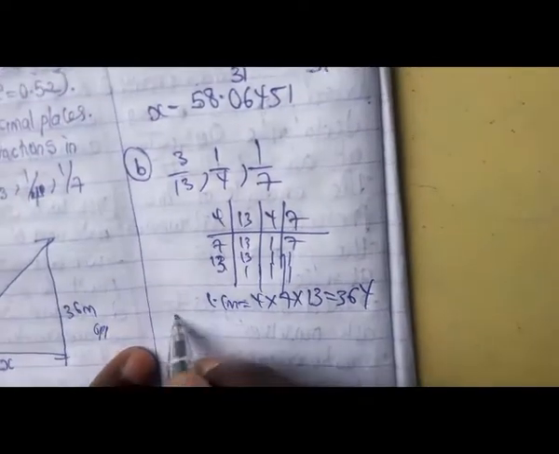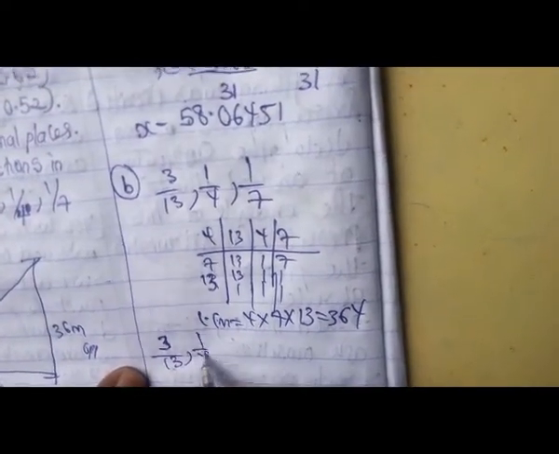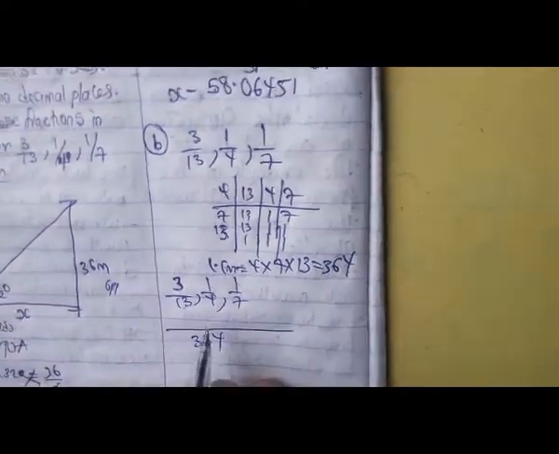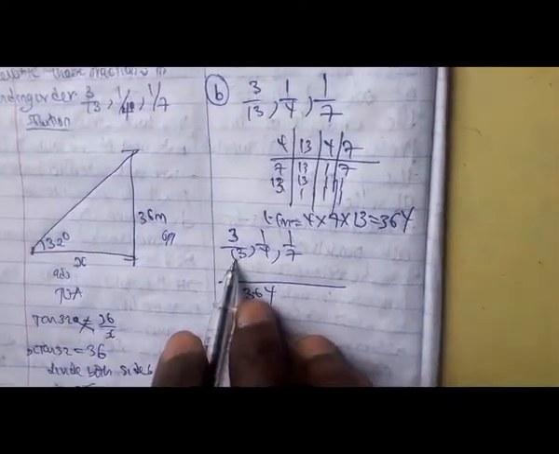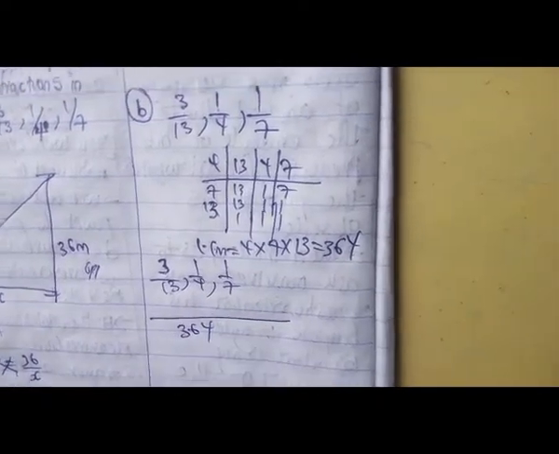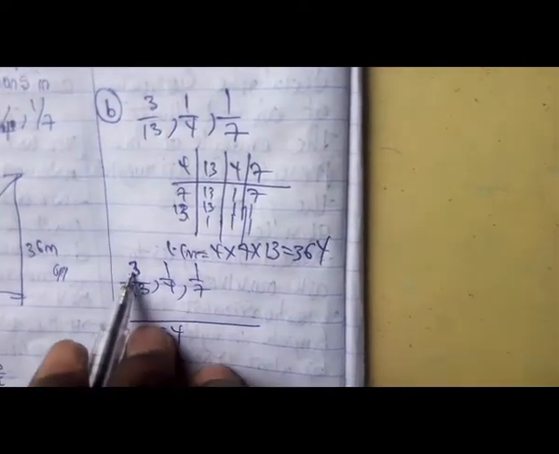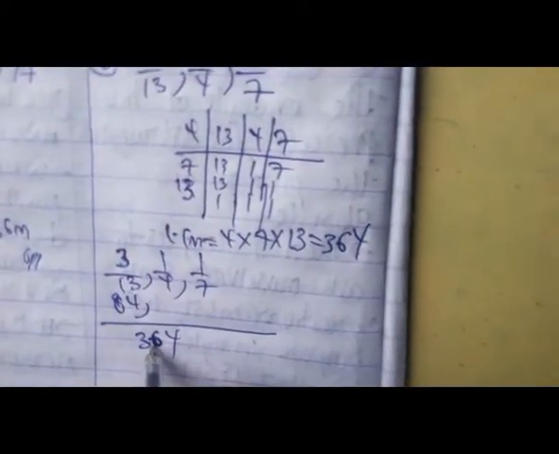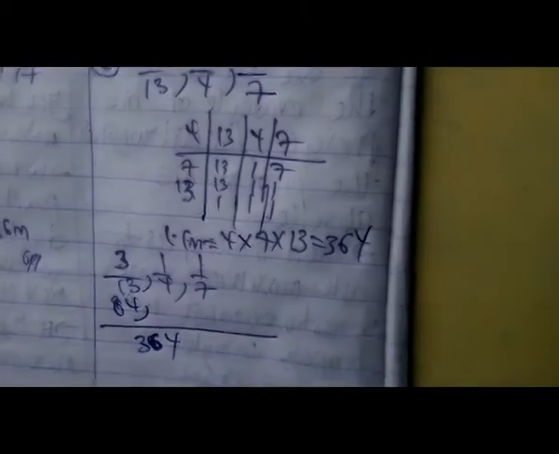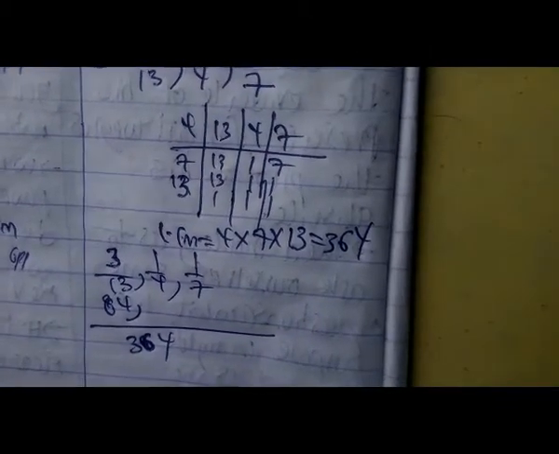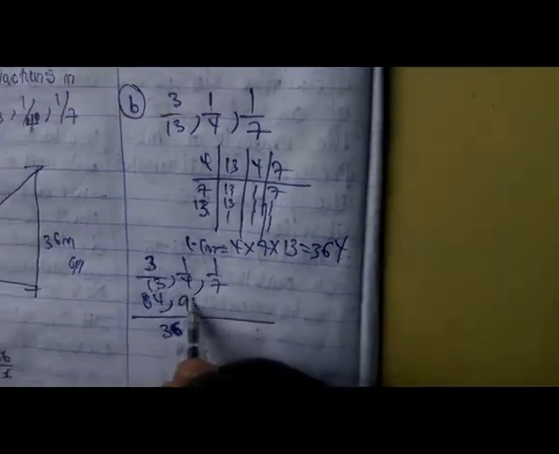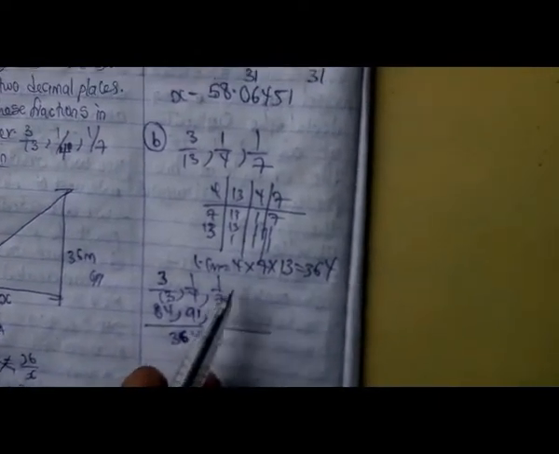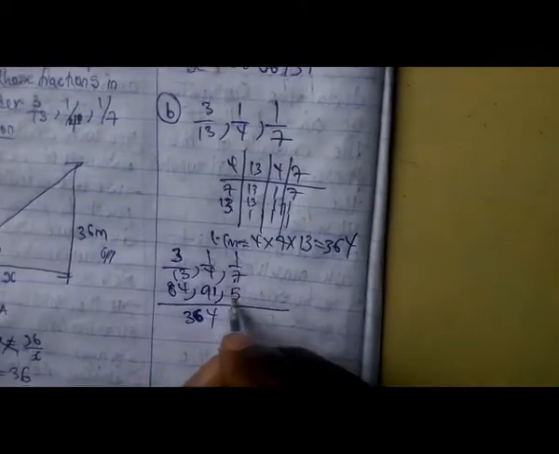So our LCM is 364. 364 divided by 13 is 28. 28 times 3 is 84. 364 divided by 4 is 91. 91 times 1 is 91. 364 divided by 7 is 52. 52 times 1 is 52.